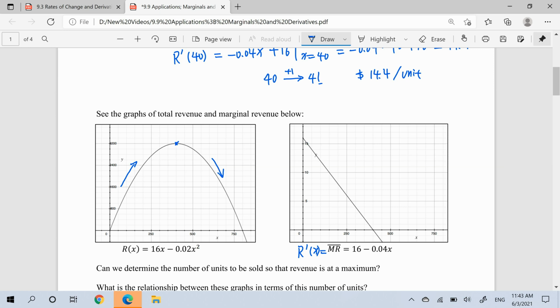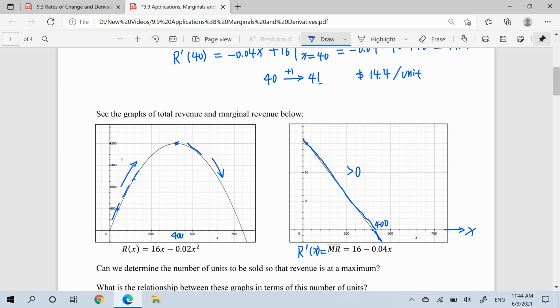When it is increasing, the slope of the tangent line at each point, as you trace along this curve, is always greater than 0. You see here is 400. So that is all greater than 0, above the x-axis. Then we reach 400 units, and then it is decreasing.